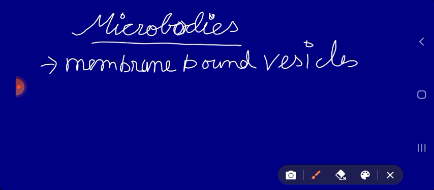Now, what does ubiquitous mean? That means they are found everywhere, right? They are the common components of all eukaryotic cells except in the mature mammalian erythrocytes. Mature mammalian erythrocytes don't have this type of microbodies.